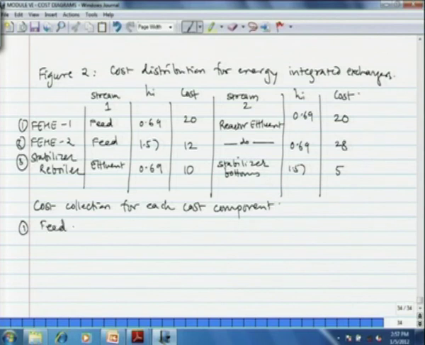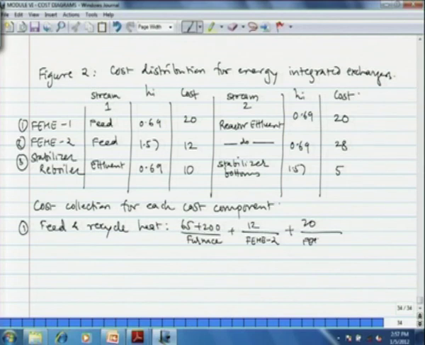Feed and recycle heating: 65 plus 200, furnace this 12, FEHE2 plus 20, FEHE1, total $297,000.